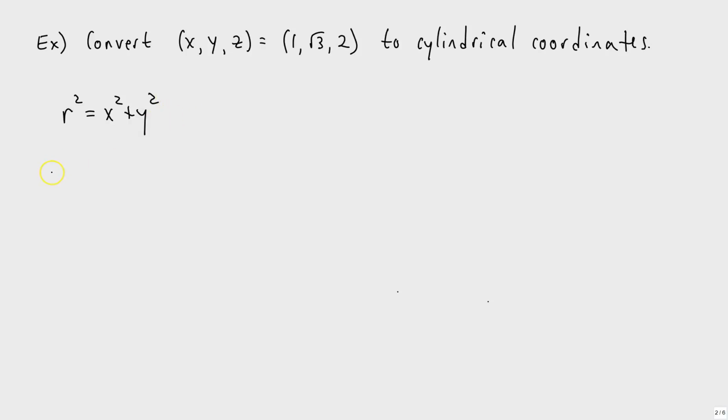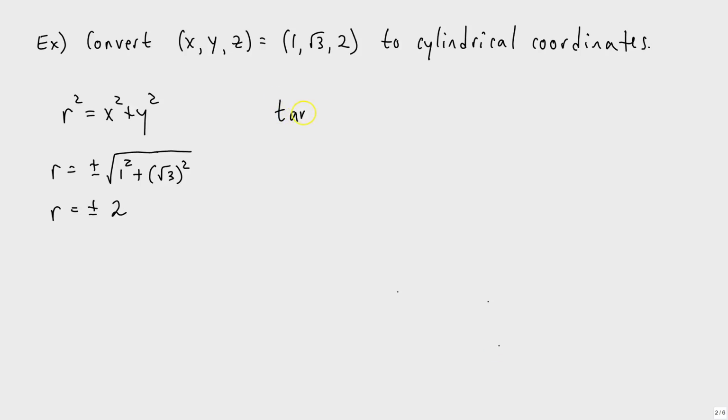So that would imply that r is either the positive or negative principal square root. Let's see, 1 squared plus root 3 squared. So r is going to be positive or negative 2.